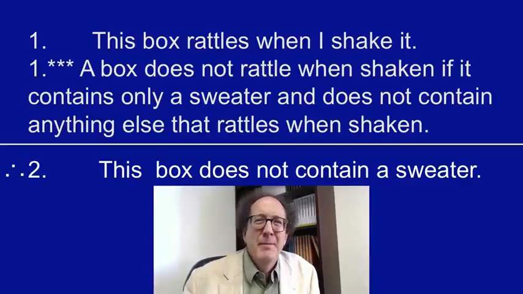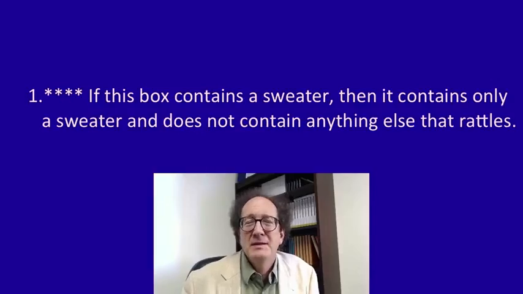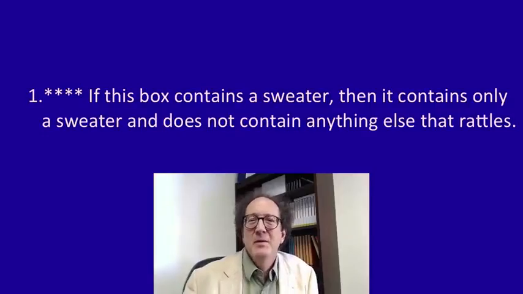But basically that amounts to she wouldn't put rocks in a birthday present with a sweater in order to fool me. So we can make that a little more explicit by making the suppressed premise something like this. If this box contains a sweater, then it contains only a sweater, and it doesn't include anything else that would make a rattling sound when shaken.